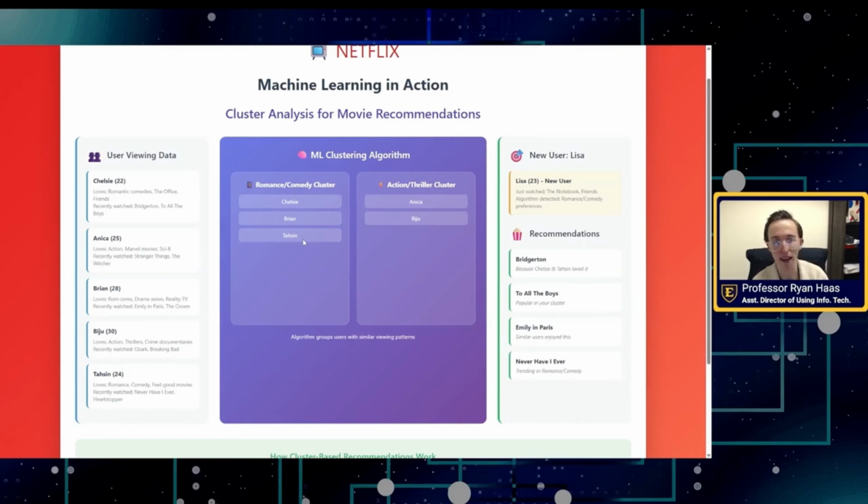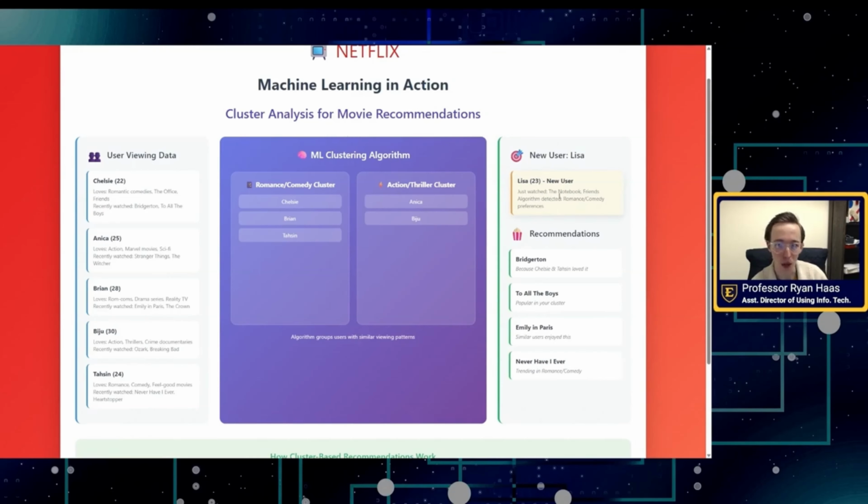So these three, it saw the commonalities among some of the titles they had recently watched or loved, and it grouped them together. And then it saw that these three fall into this action and thriller commonality. So it clustered them together.